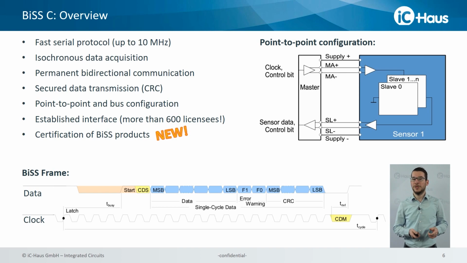Since there's only one bit in each direction per BiSS frame, it requires several BiSS frames to perform a complete control communication. Control communication can be used to configure a sensor, to calibrate a sensor, but also to read additional sensor data, which is accessible within the slave's memory. How that looks, we will see later in my slides.